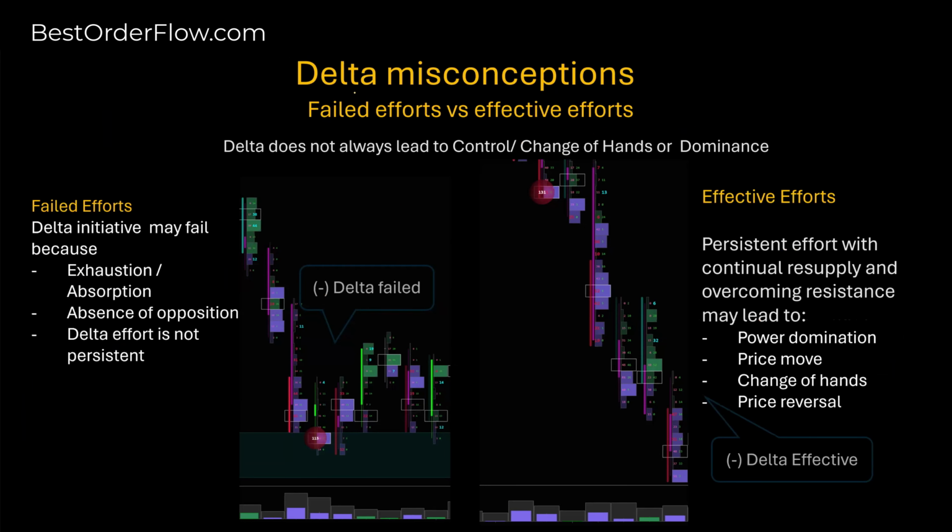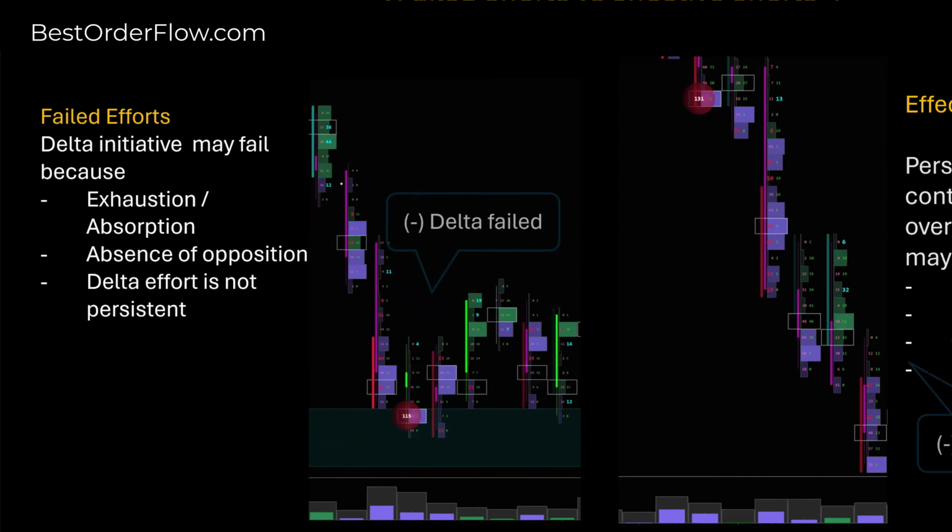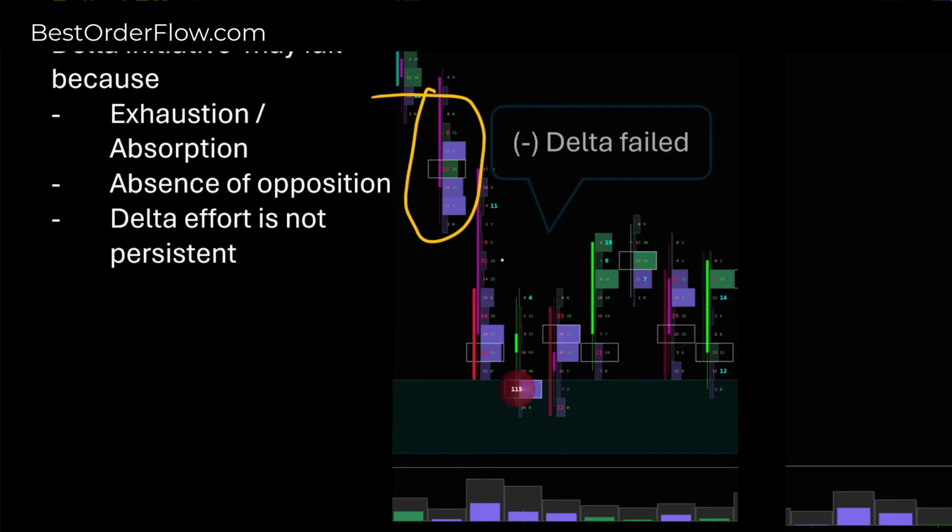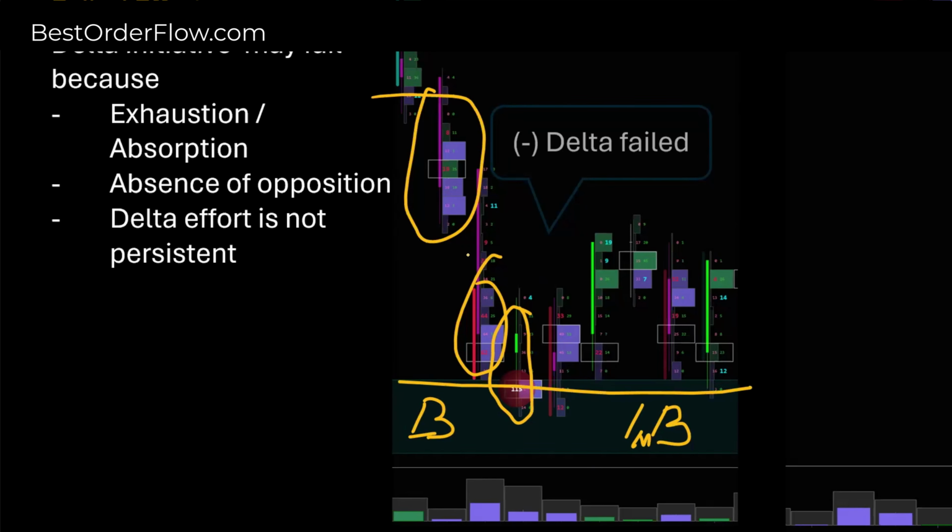So now the failed efforts versus effective efforts, because now you're seeing that the sales delta is negative here, is negative over here, and even produced the bubble over here, but it actually met the buyer imbalance, the balance zone, and boom, it wasn't effective to go where it was intended to go. So the buyers prevented this negative delta. All of these efforts did not succeed.